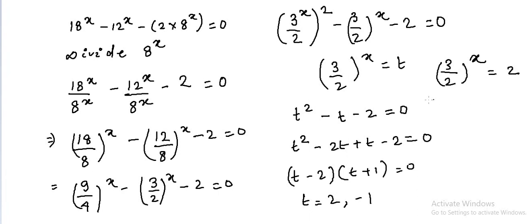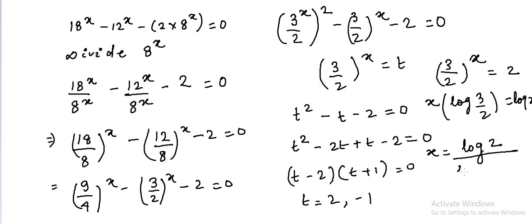Now take log on both sides. This will give you x log 3 by 2 is equal to log 2. Now it becomes x is equal to log 2 by log 3 by 2, and hence you can rewrite this as log 2 by log 3 minus log 2.